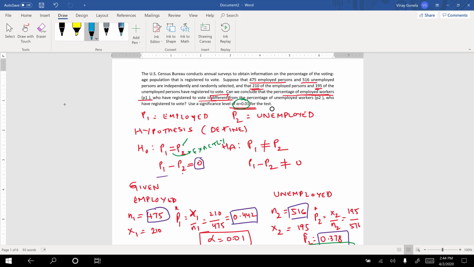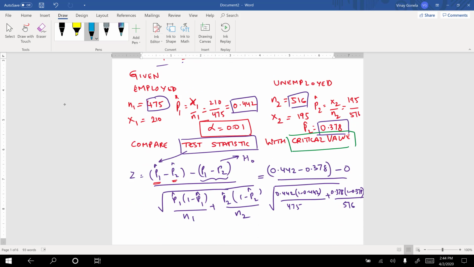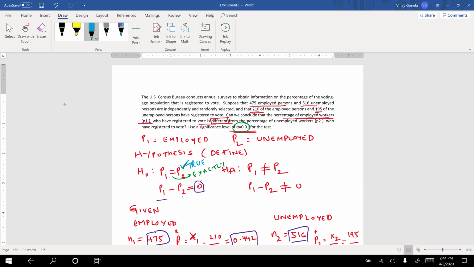I'm saying don't reject this, that means this is true, so p1 is equal to p2. As the question asks, can we conclude that the percentage of employed workers who have registered is different?